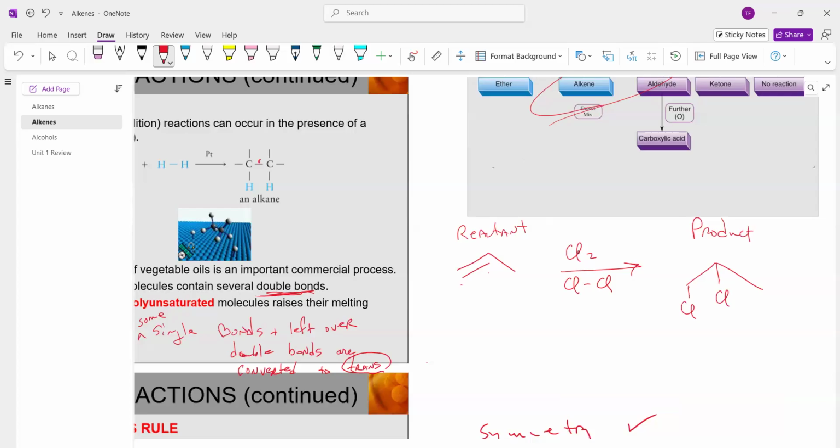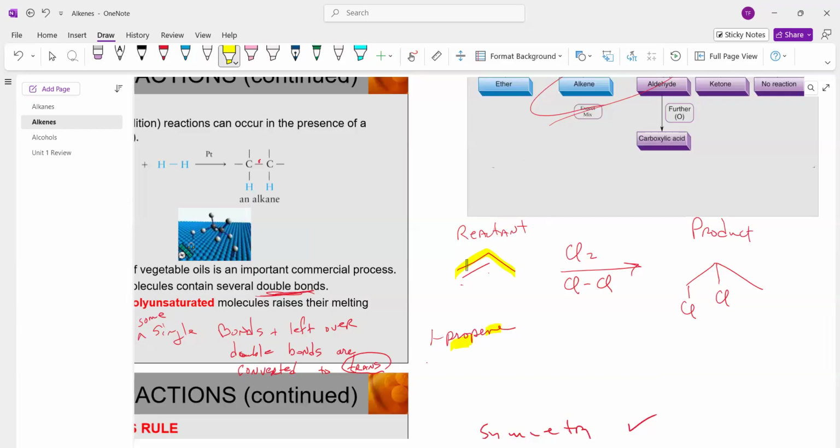Okay, so we have to name these now. Products and reactants. On the reactant side, we're talking about 1-propene. 3-carbon backbone, functional group is ene, and there are no branches.